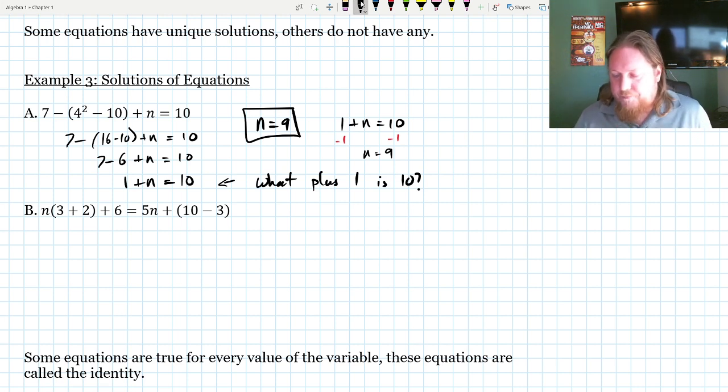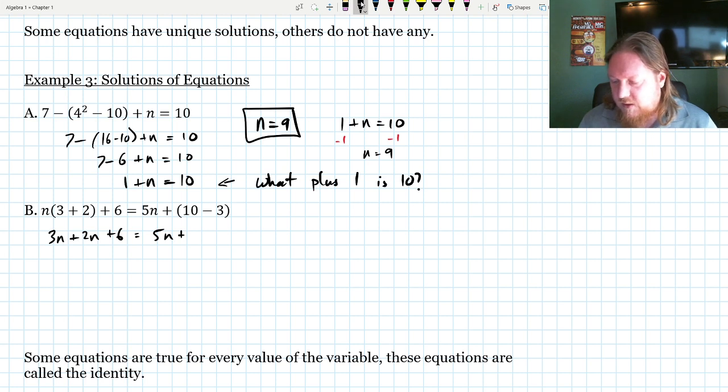Next problem. Looks like I got some distribution to do here. N times 3 is 3n plus 2n plus 6 equals 5n plus 10 minus 3 is 7. Combine like terms here, I get 5n plus 6 equals 5n plus 7.